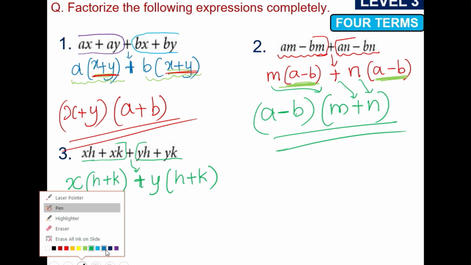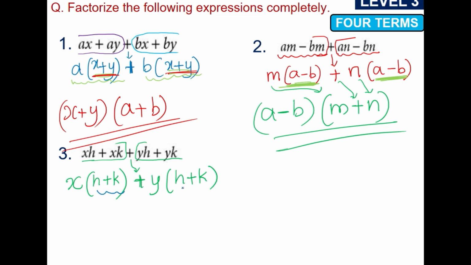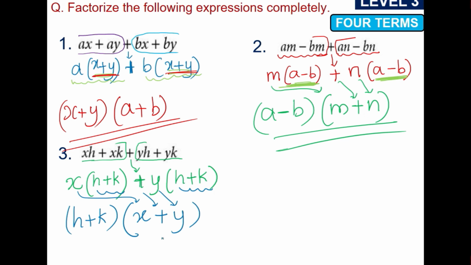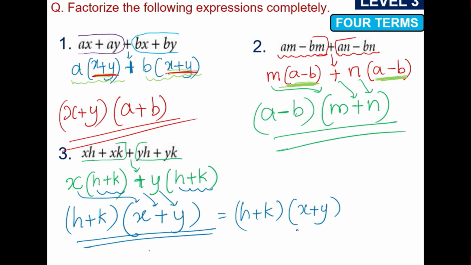Looking at the expression, I can see h plus k as the common factor in both these terms. So h plus k comes out of the bracket, and what remains is x plus y. So the final answer is h plus k times x plus y.